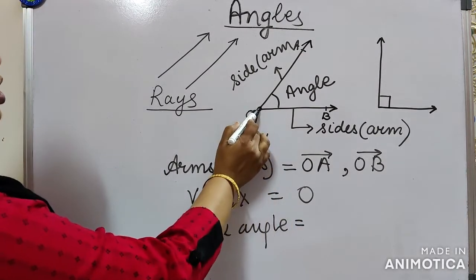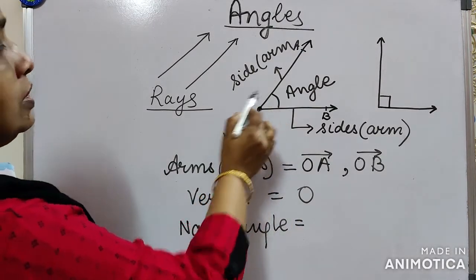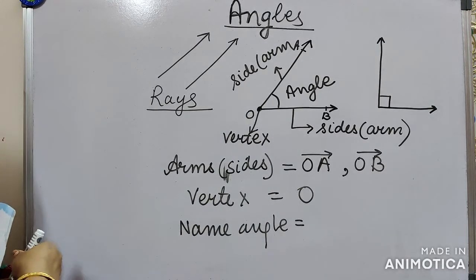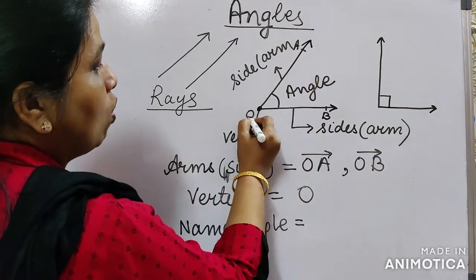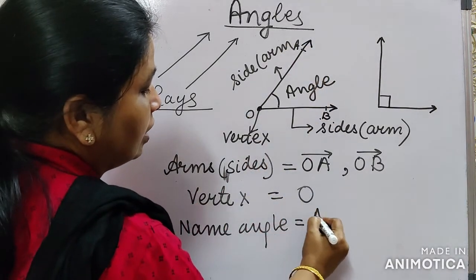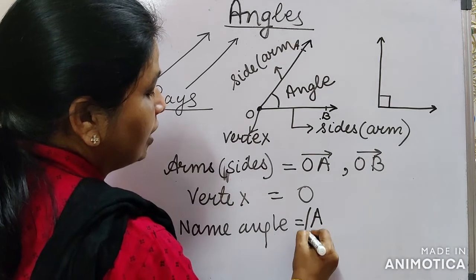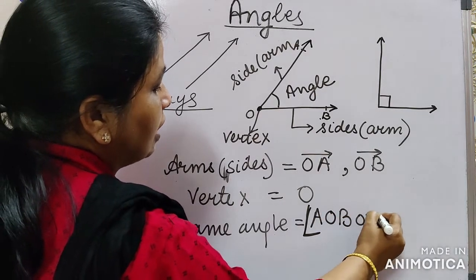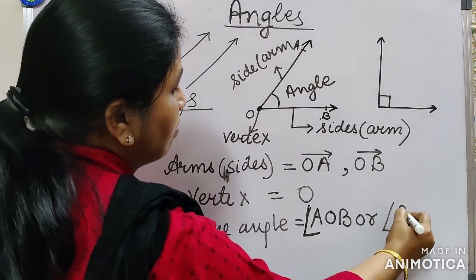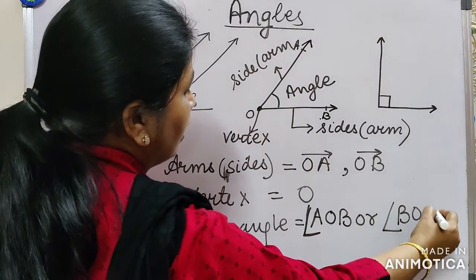The point, or the vertex, on which the angle is formed, this alphabet will always come in between, meaning A, O, B. You will write down the angle like this. This is the symbol of the angle: angle AOB, or you can write angle BOA.